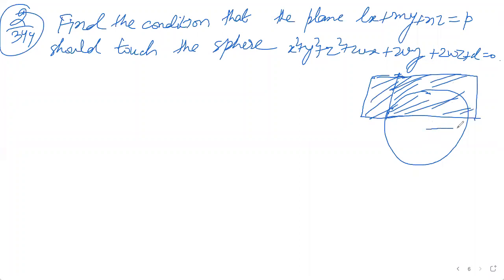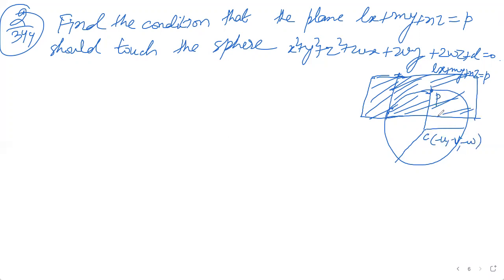Keep in mind, it is your sphere. So what condition is it touching? The equation of this plane is given to you: lx plus my plus nz is equal to p, this is given. It is the center C. So I am not taking the origin because it is a general sphere given. So the center is minus u, minus v, minus w.